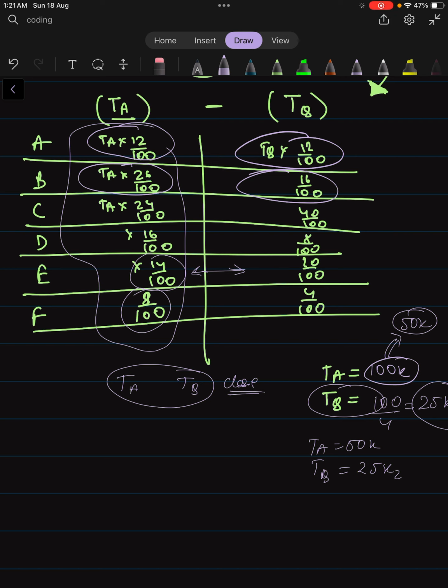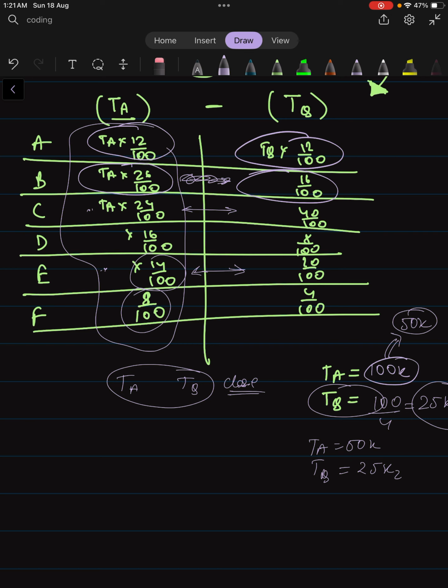Here 16 is greater, and this can also be a potential close situation. Here a bigger number is multiplied, so this cannot be a potential and this cannot be a potential. Now we will check for both of these which is closer.